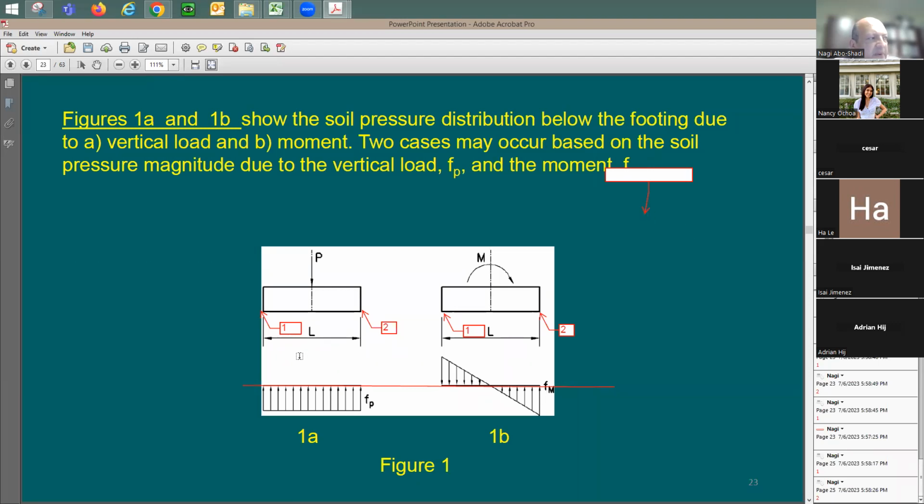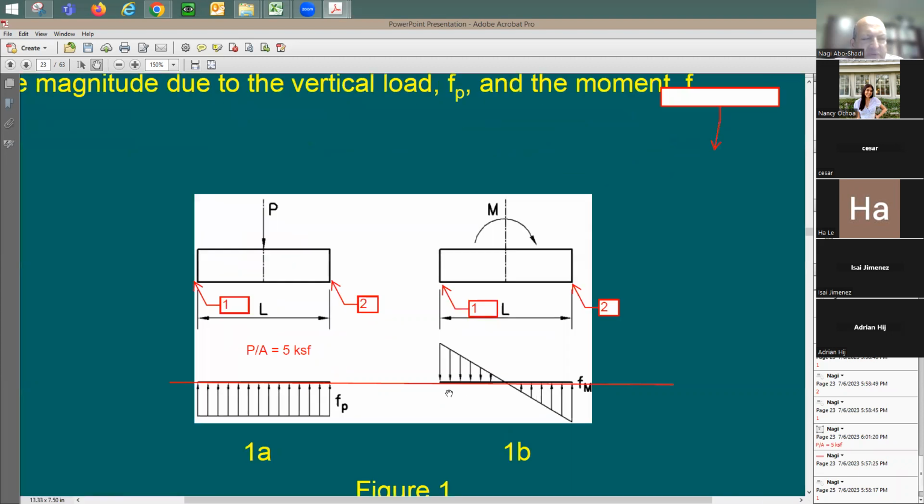So I'm going to assume P over A is equal to 5 KSF, kip per square foot. All right? Are you guys following? M over S is equal to 3 KSF. So stress here is going to be 3 compression, 3 tension. It's going to be 5 compression.